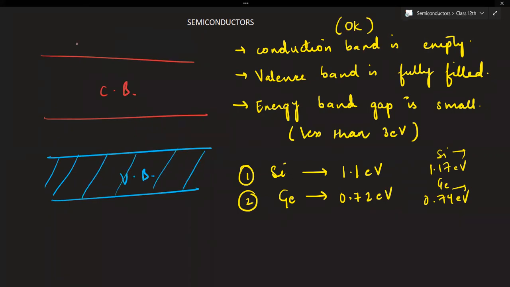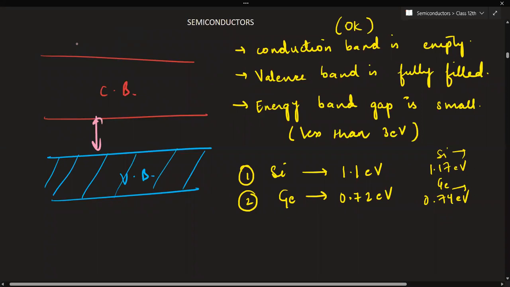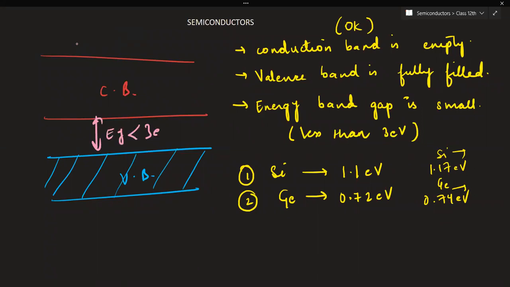But notice here, class, the energy gap between them is very low, less than 3 electron volt. This is considered a low energy gap, so when this amount of energy is given, electrons move and conduct.